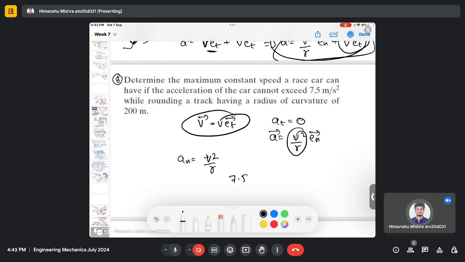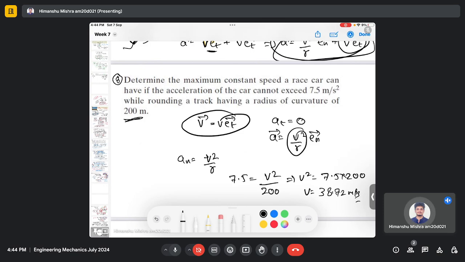So 7.5 equals v squared over 200 meter, so v squared is 7.5 multiplied by 200. So v is 38.72 meter per second.